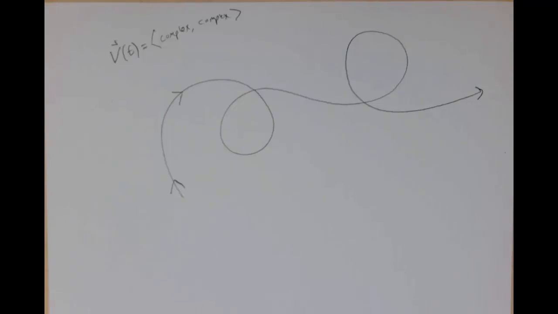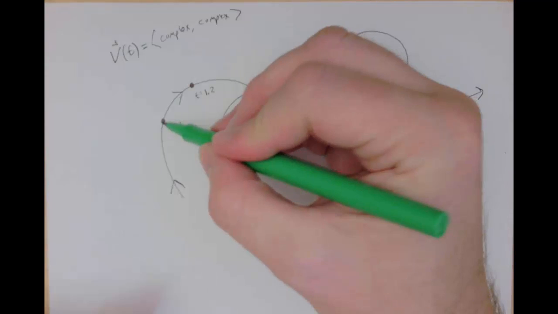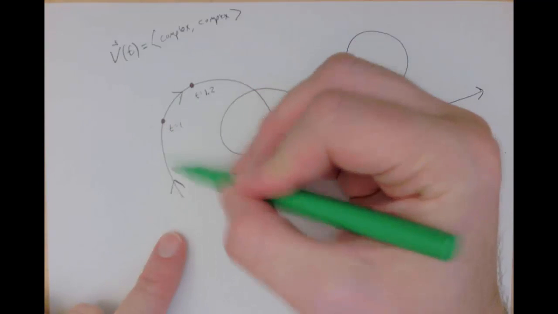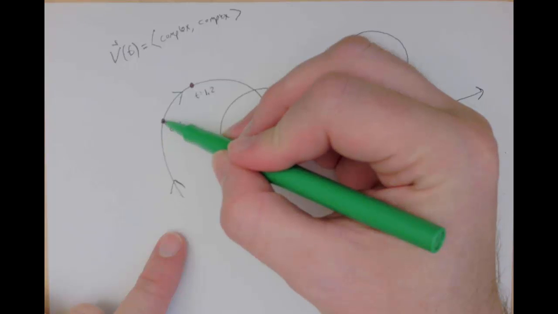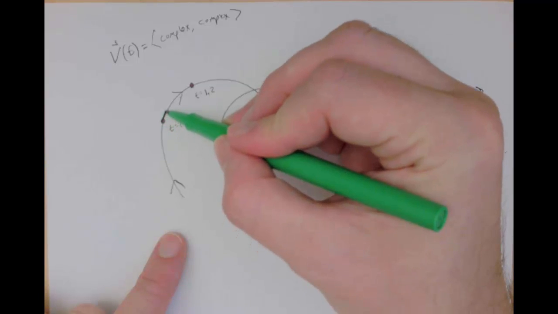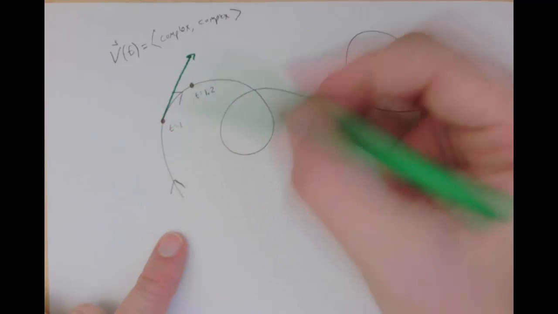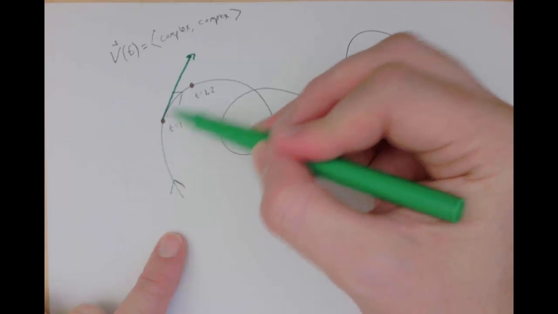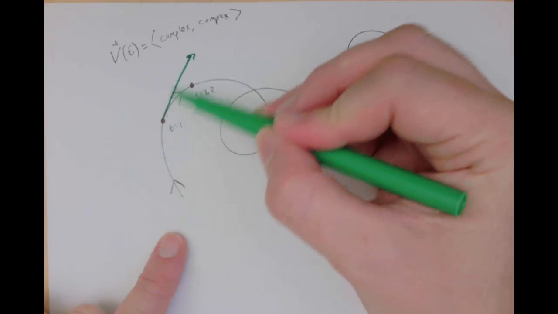And what does the speed look like if I was going to sketch it as a picture? So let's pretend t equals 1 is right here. The speed that I'm going at, you can imagine, what if right at that moment I stopped turning and just kept moving in the same direction I was moving in right at that moment? What it would look like is a straight line. So if I stop turning and I just start going straight, that's the direction I was going in.